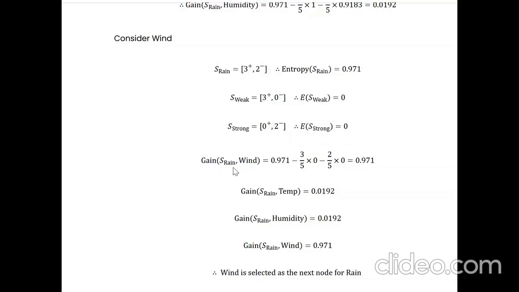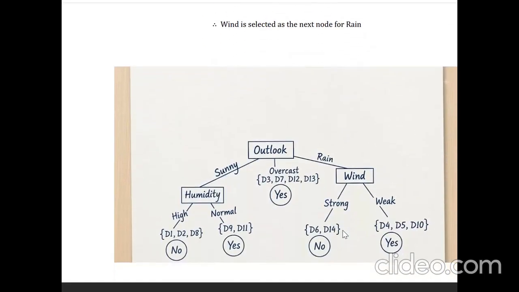Therefore, information gain of S rain with respect to wind is 0.971 minus 3 by 5 into 0 minus 2 by 5 into 0, which comes out to 0.971. Once again, we'll write down all the gains. We'll pick up the one with maximum gain, that is 0.971, which is for wind. Therefore, we select wind as the next node for rain.